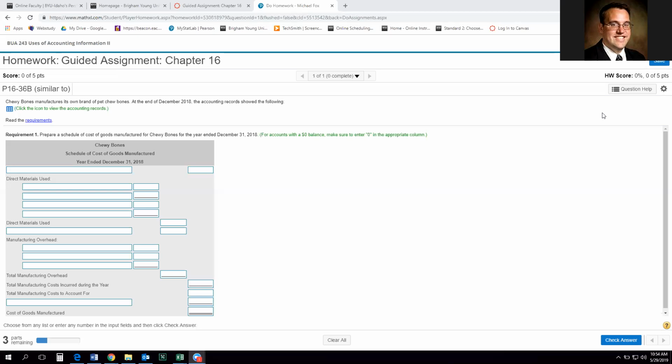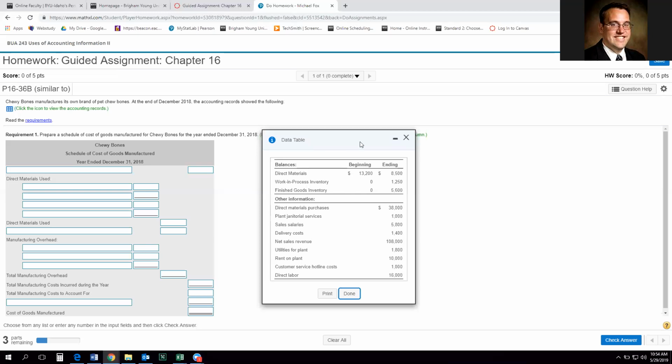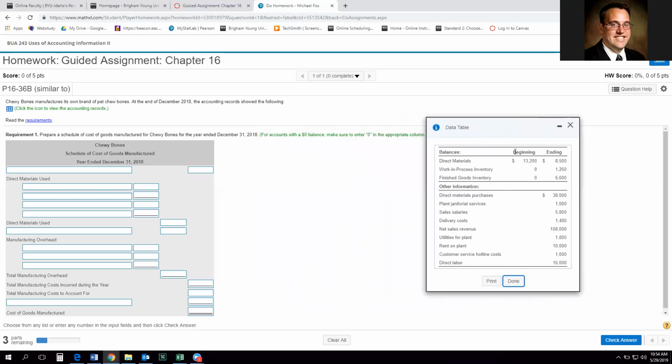Anyway, so this is Chewy Bones, which sounds delicious. At the end of December 2018, the accounting records show the following, and we're supposed to click here to see their accounting records. And we're supposed to prepare a schedule of cost of goods manufactured at the year end.